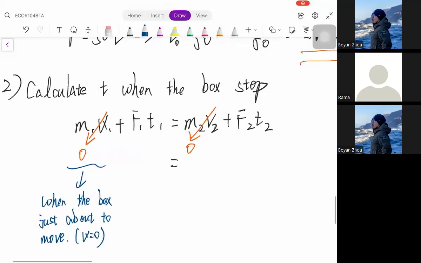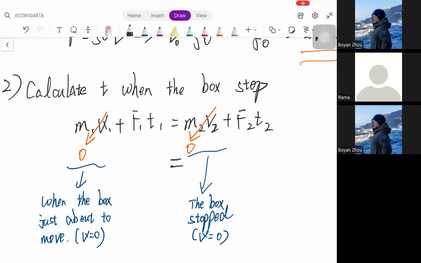Velocity is still equal to 0. And the last one is when the box stopped. In this case, velocity is also equal to 0. So the only thing left is F1 T1 is equal to F2 T2.